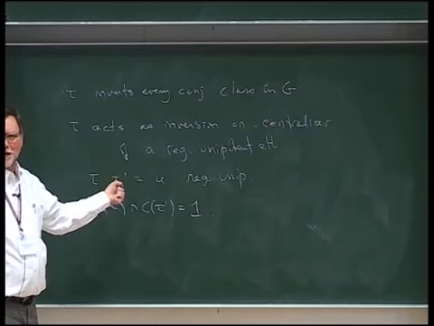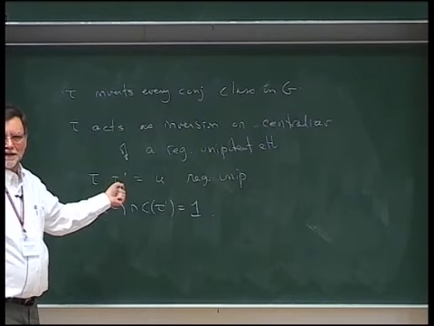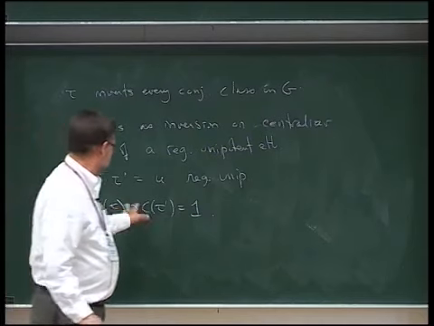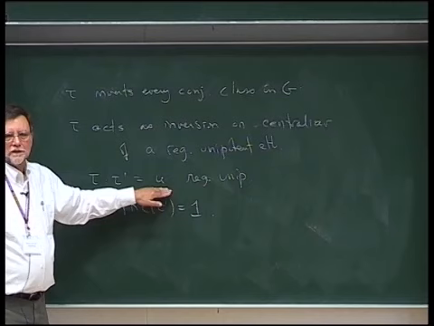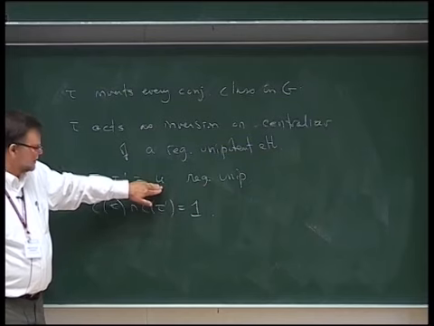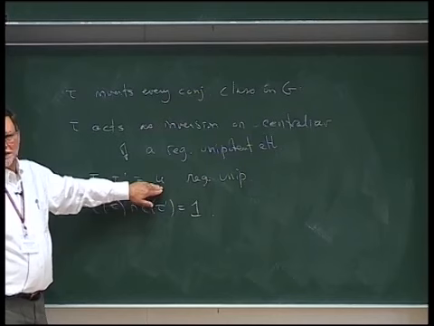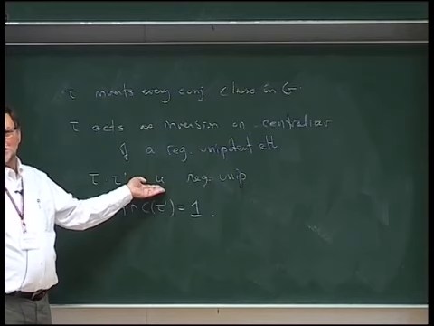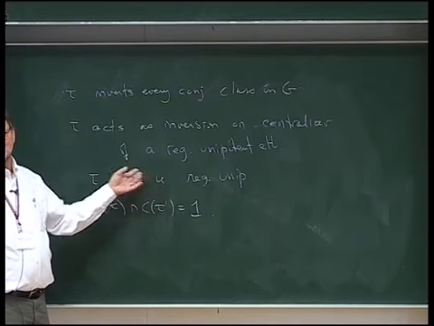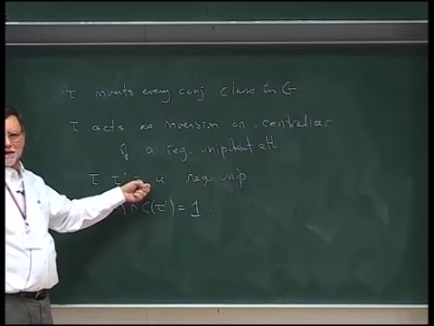This is the only regular orbit. Because if tau times tau prime is not a regular unipotent, well, if it's got a semi-simple part, then there will be an involution. I mean, first of all, if the centralizer of this guy is not abelian, it can't possibly act as inversion. So this involution will centralize something in the centralizer.